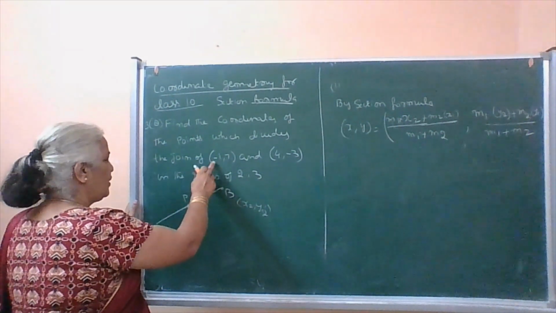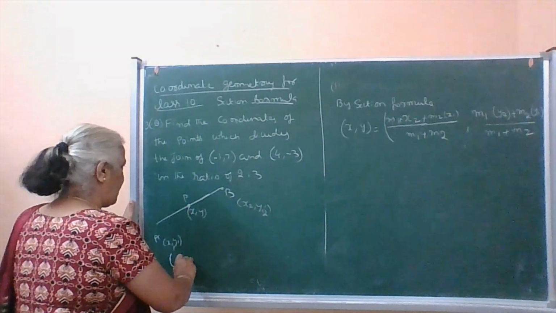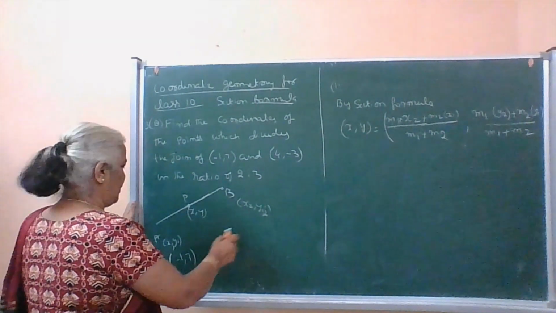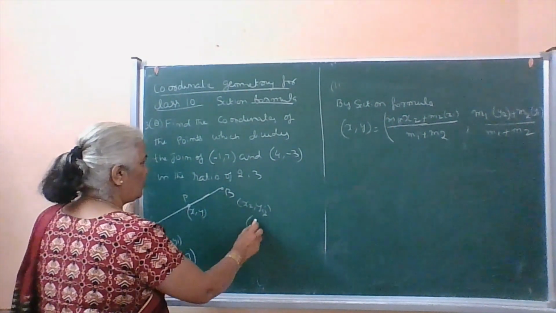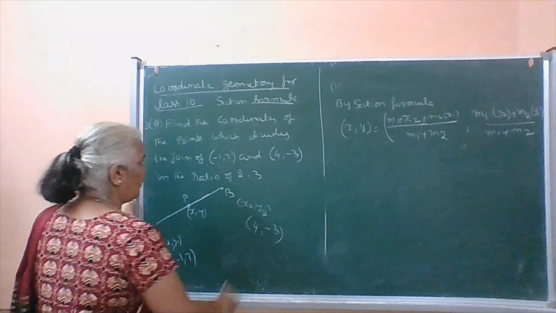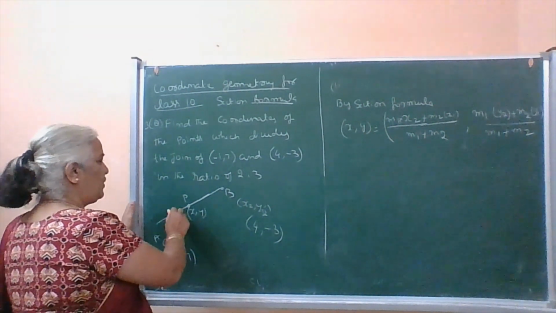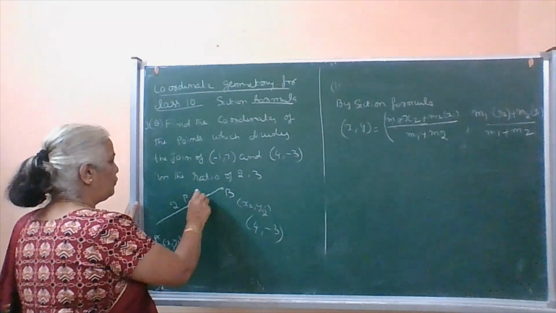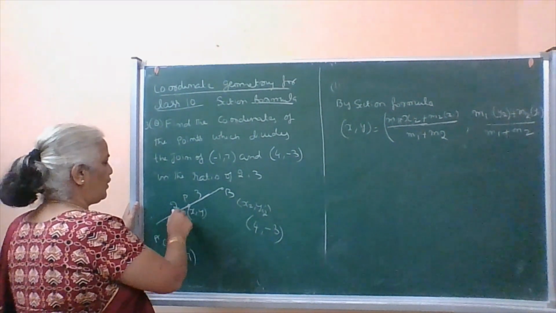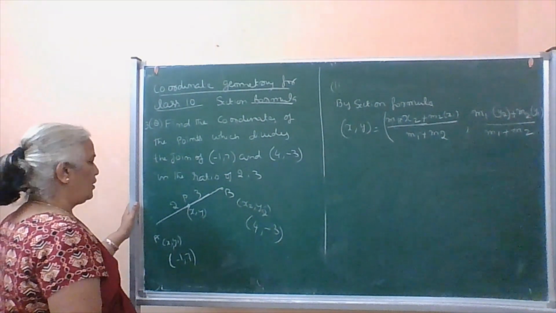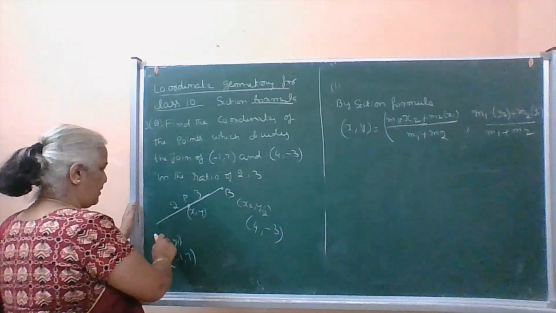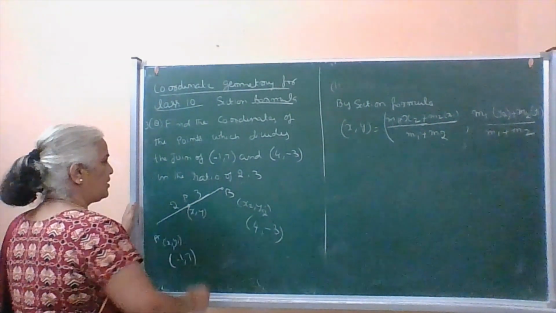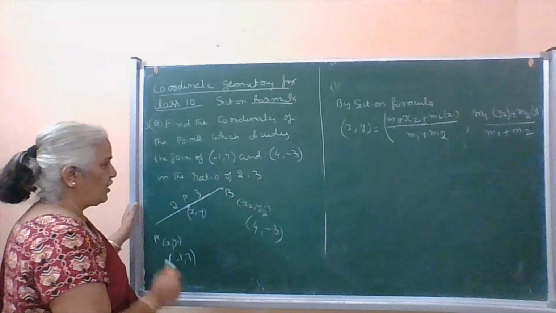It is given x1, y1 is -1 and 7 and x2, y2 is 4 and -3, and they have given this is divided in the ratio of 2:3, that is m1 is 2 and m2 is 3. That means AP distance ratio is 2 and PB distance is 3.